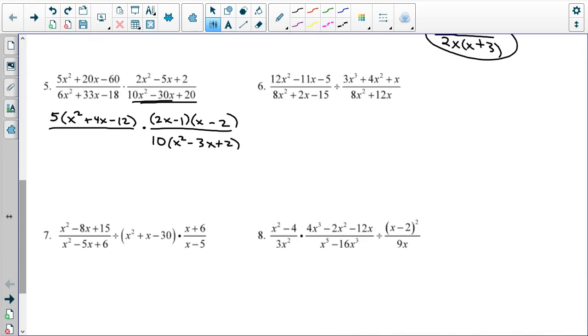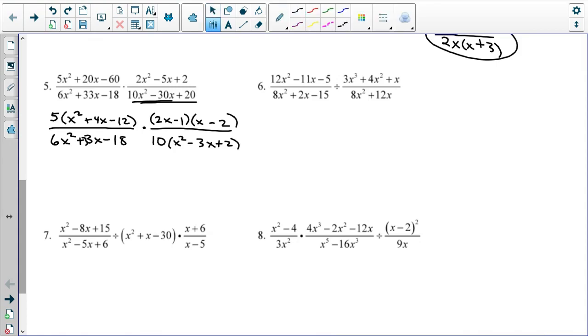And then this one, it looks like there's no greatest common factor. But I can also use some other parts of the numerator to maybe help me out. So I'm going to factor this one in a little bit because there's a lot of stuff going on here. There's a 6, there's an 18. So I'm just going to leave this as 6x squared plus 33x minus 18 for right now.